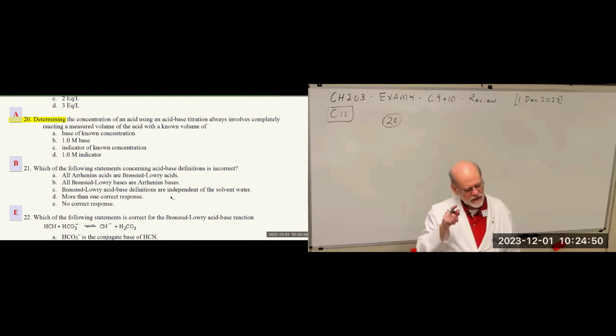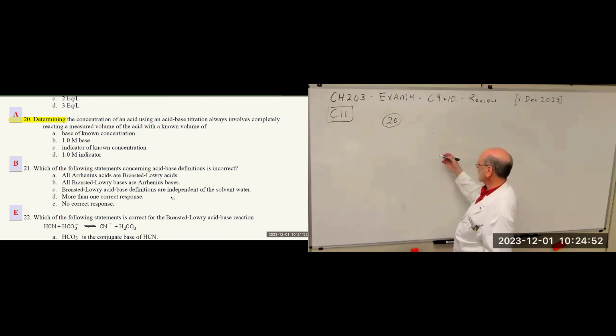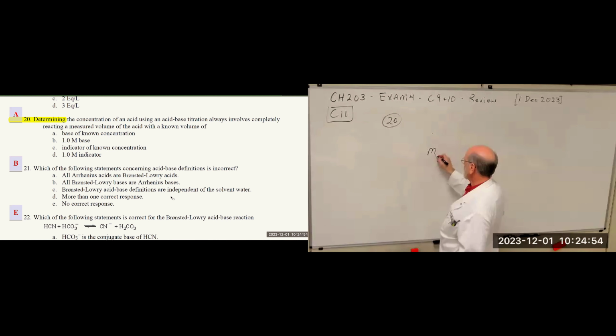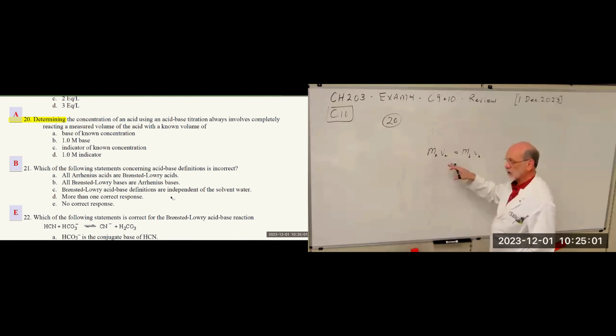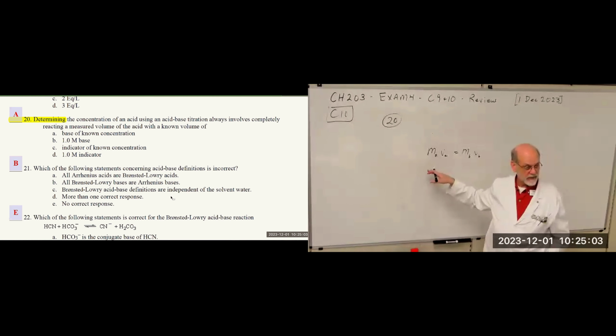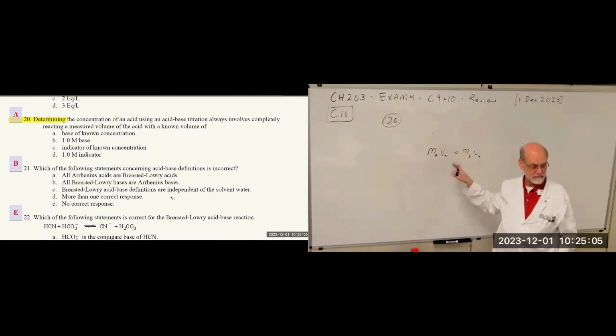If you're going to determine the concentration of the acid, look at it this way: molarity of the acid times the volume of the acid equals the molarity of the base times the volume of the base. And this works for monoprotic acids and monohydroxy bases.